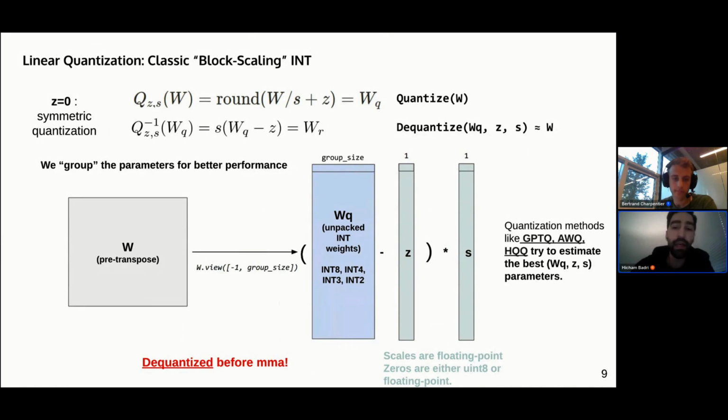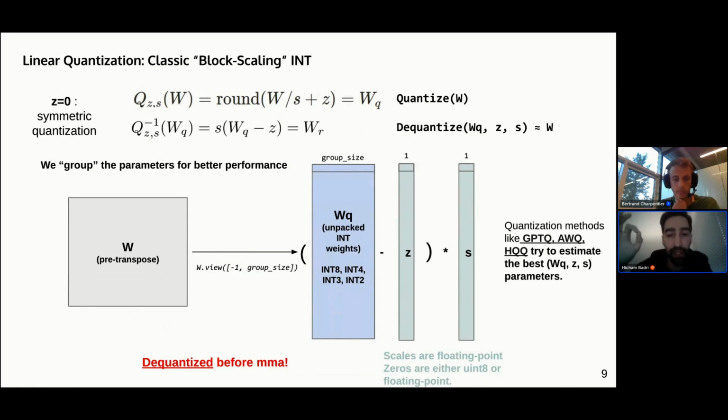And here the WQ could be int8, int4, int3, or int2, it doesn't matter.